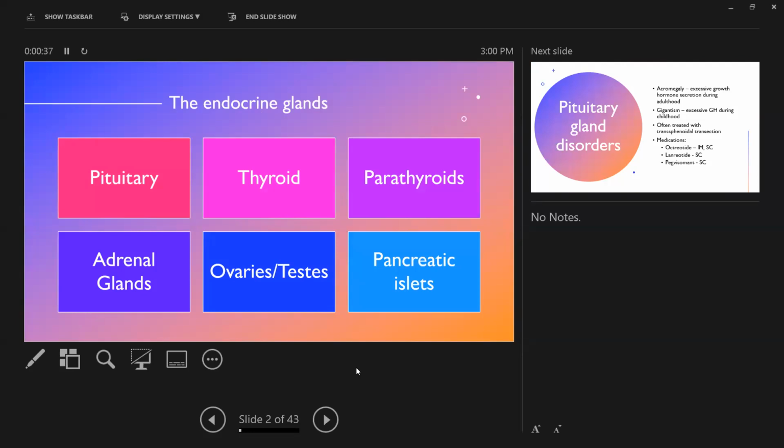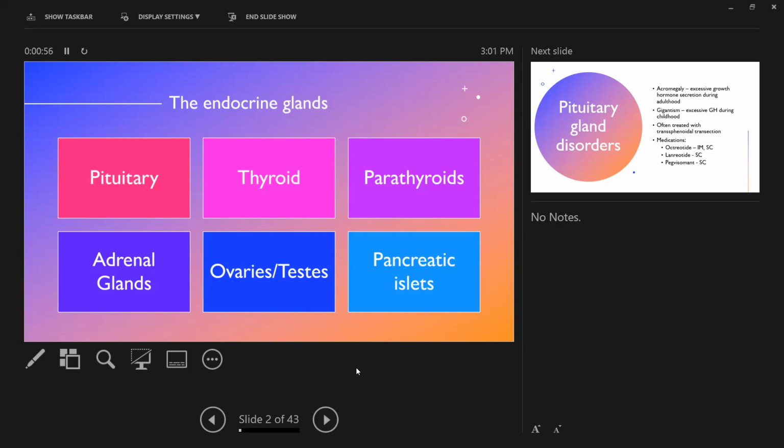The adrenal glands above the kidneys. The adrenal glands consist of an adrenal cortex that secretes glucocorticoids and mineralocorticoids, and also androgens, and then the gonads, and then the pancreatic islets.